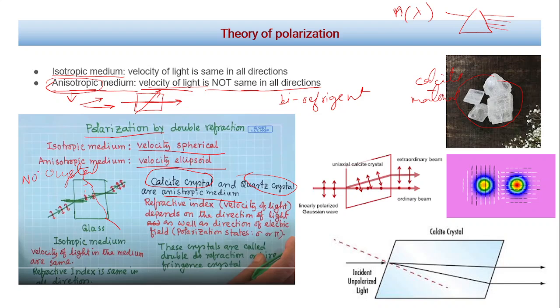These are crystals, and thus they have a certain ordering of unit cells in them. Because of that, the various properties are different along different directions.